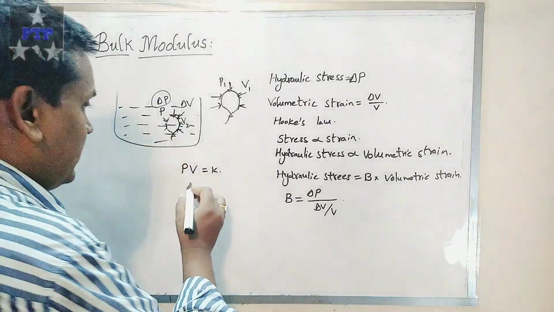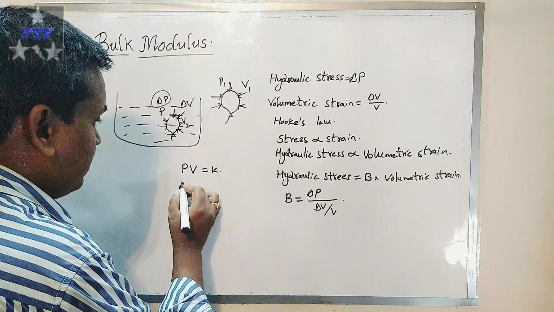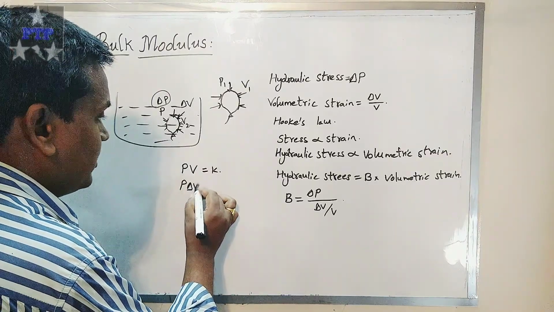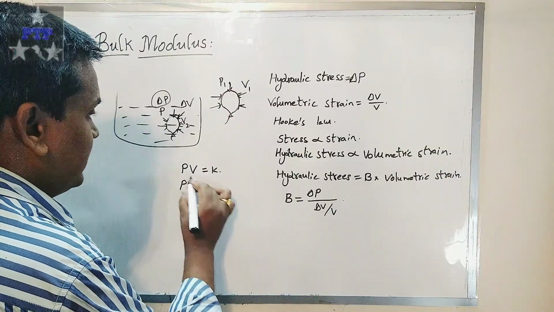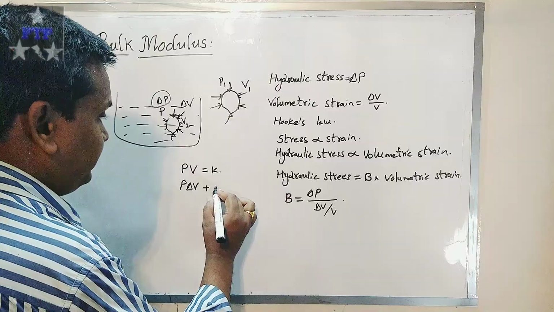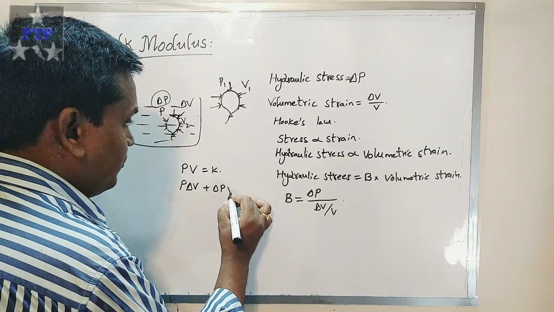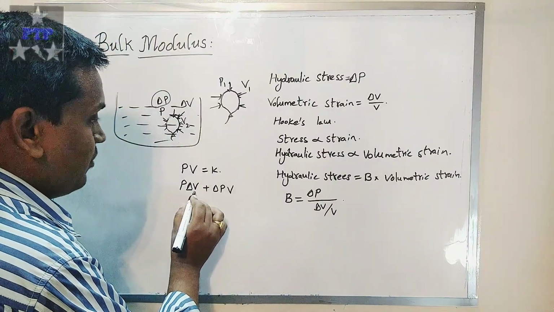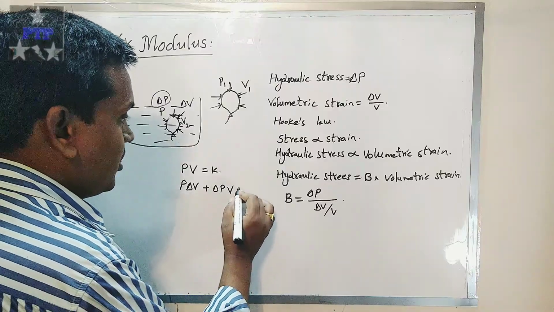So first you differentiate this. Pressure is constant, and we differentiate the volume, so P delta V, plus, now we differentiate pressure, delta P times V, where V is constant. Here P is constant and we differentiated volume. Here we differentiated pressure and volume V is constant.